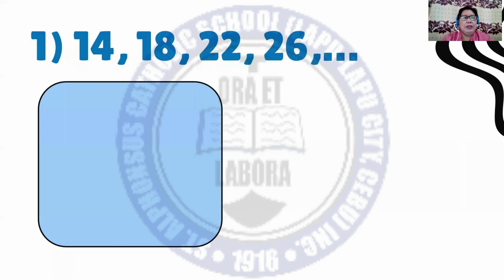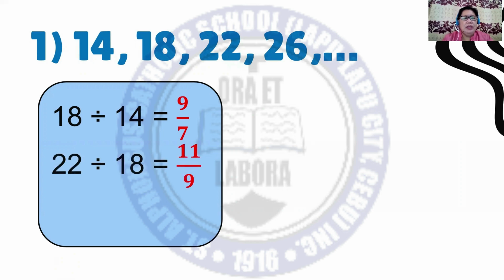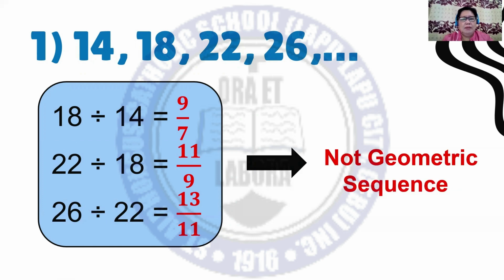Let us have 14, 18, 22, and 26. When we divide 18 by 14, the answer is 9 over 7. 22 divided by 18 is 11 over 9. And 26 divided by 22 is 13 over 11.